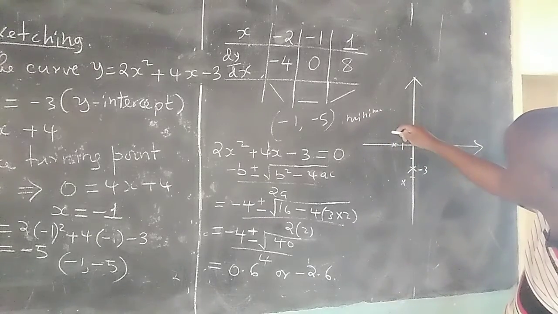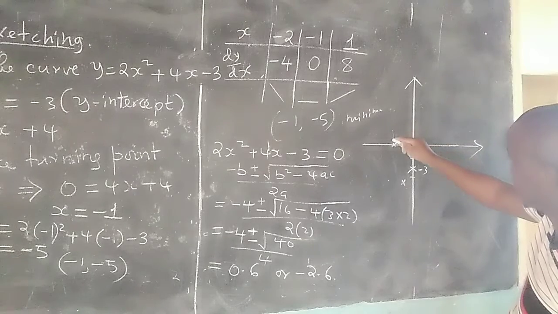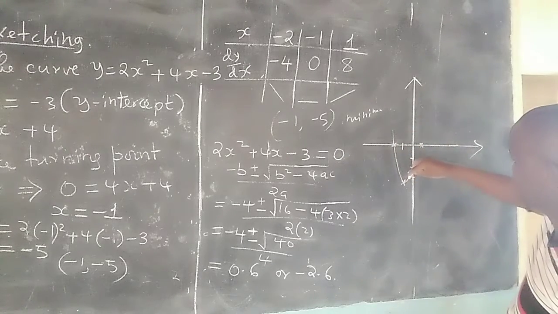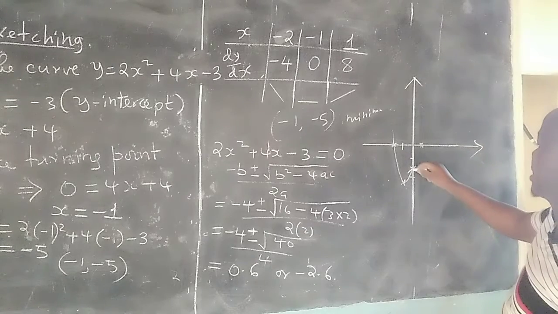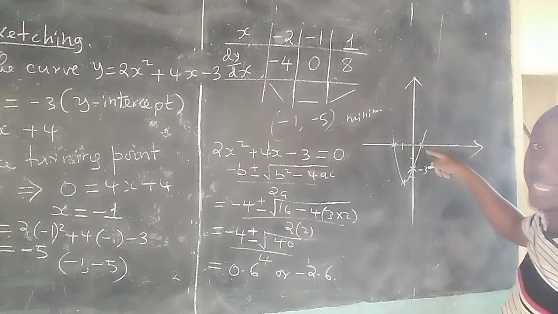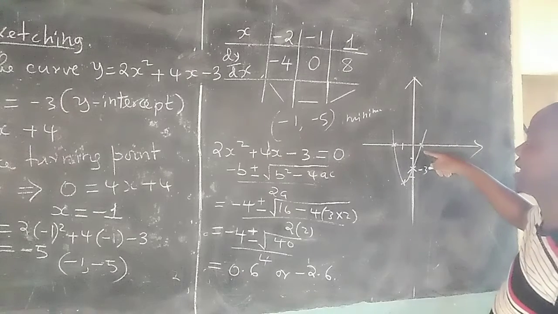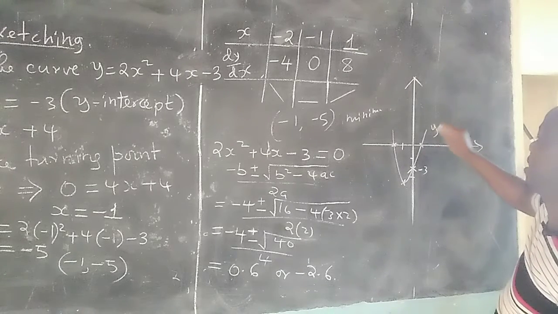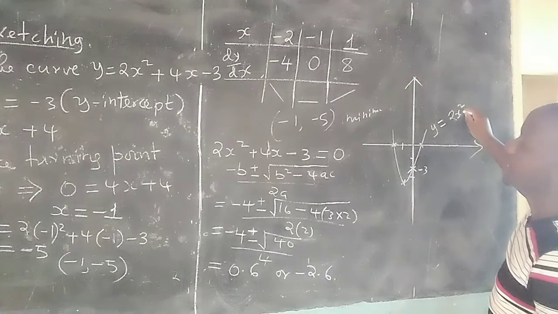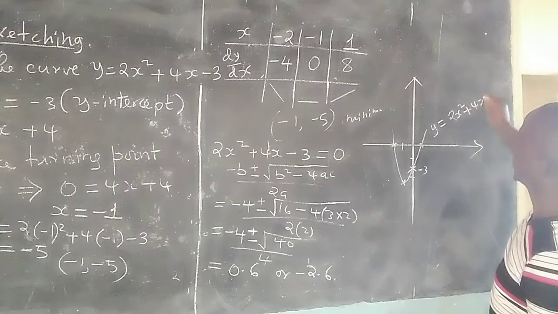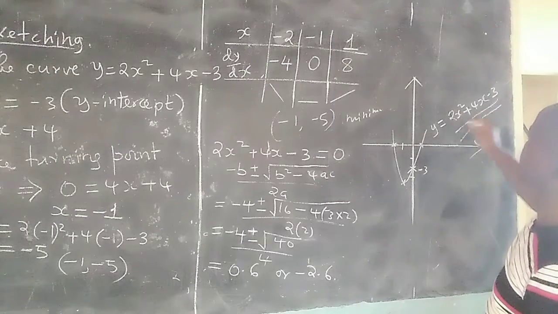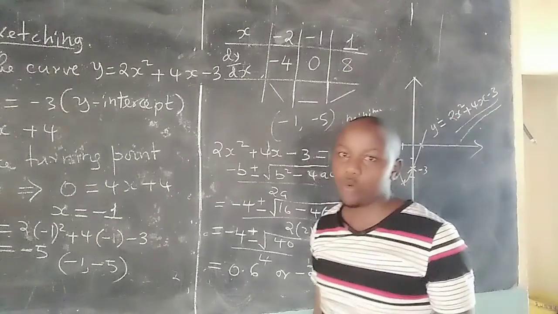Therefore, the curve cuts the x-intercept there, it turns here, and cuts the y-intercept at negative 3 like that, proceeds to cut the x-axis again here. So this will be a sketch of the curve y equals 2x squared plus 4x minus 3. So that is how we sketch a good curve.